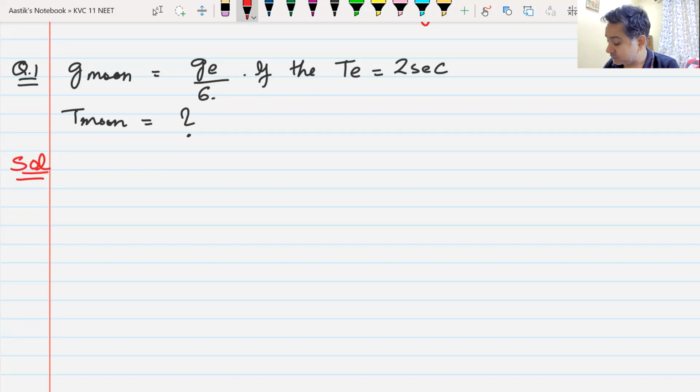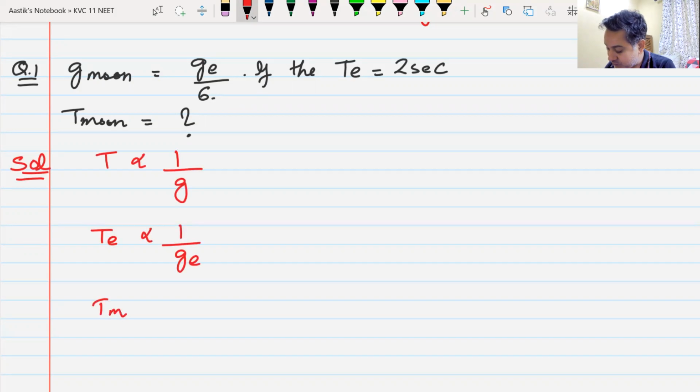I have already given that time of flight is inversely proportional to g. So time of flight on Earth is proportional to 1 by g on Earth. It is 2u sine theta by g, so it is inversely proportional to g. Time on moon will be inversely proportional to gravity on moon.